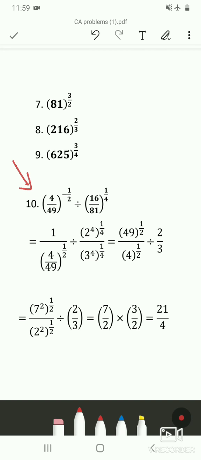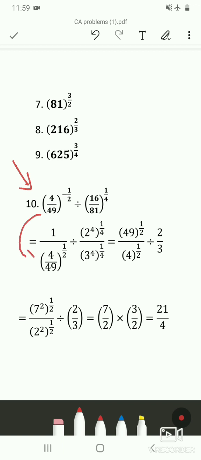Okay, so the last problem for today's video is 4 upon 49 whole raised to minus 1 by 2 divided by 16 upon 81 whole raised to 1 upon 4. So even this is a simple problem. Let's go step by step.